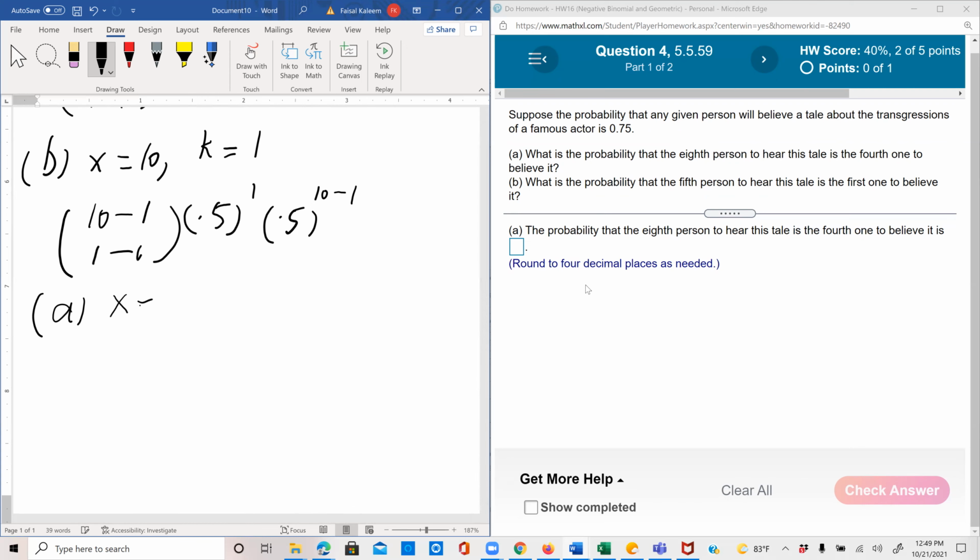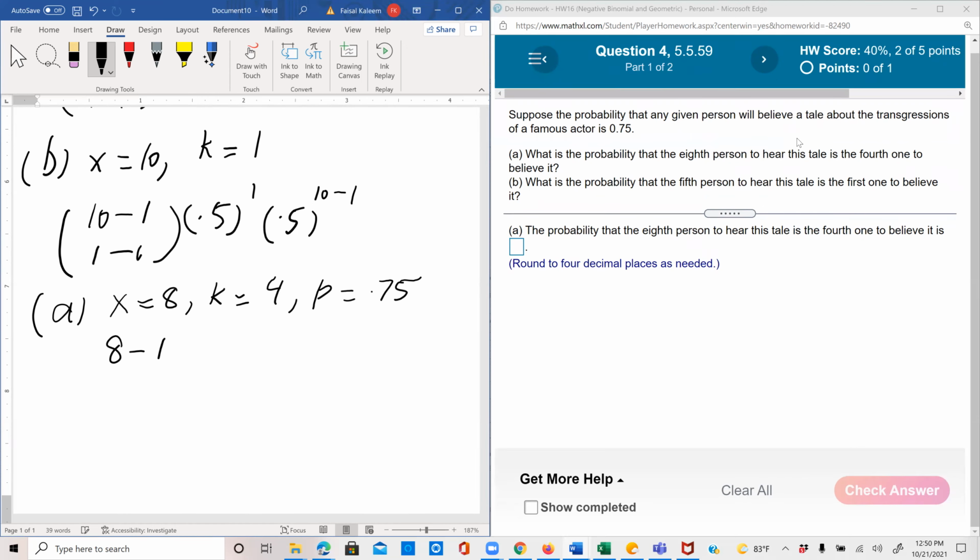So x is 8, k is 4, and p is 0.75, because believing the tale is what we're calling a success.